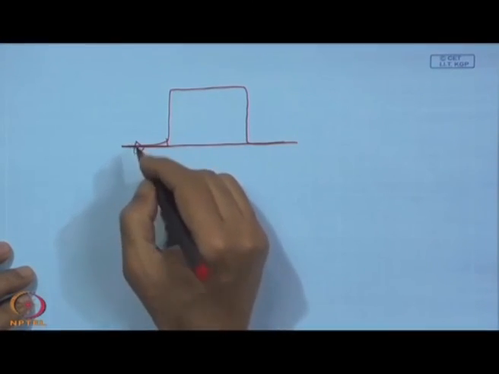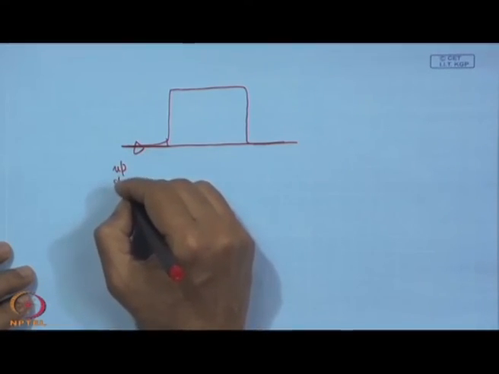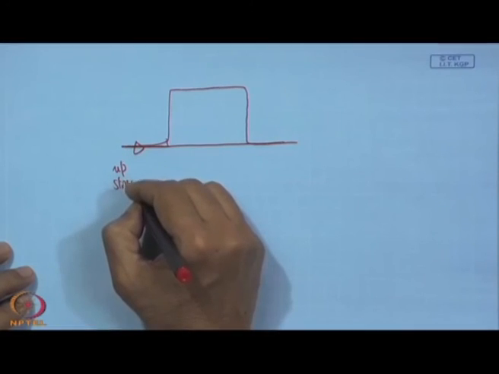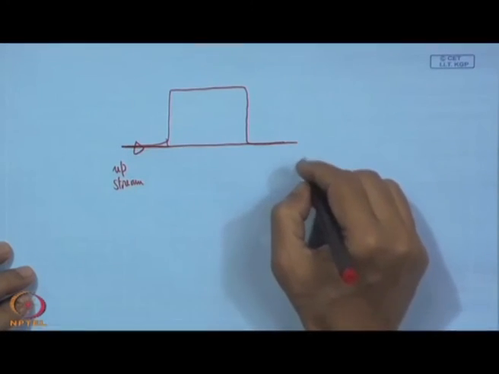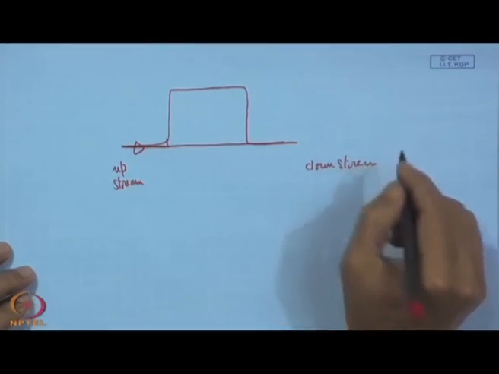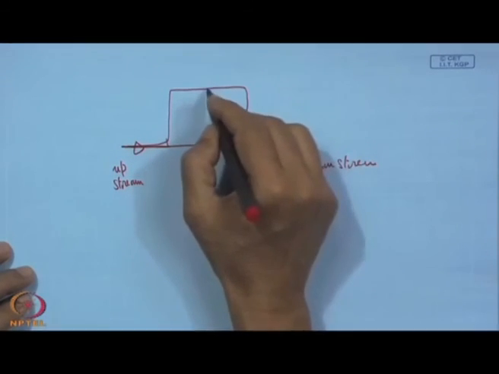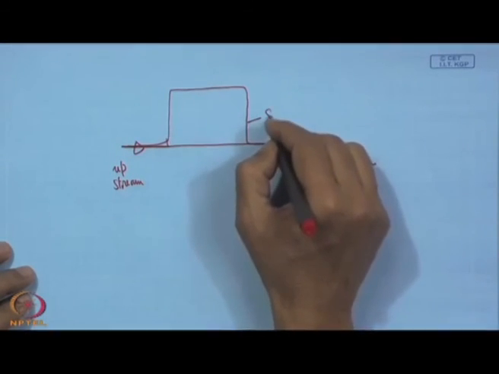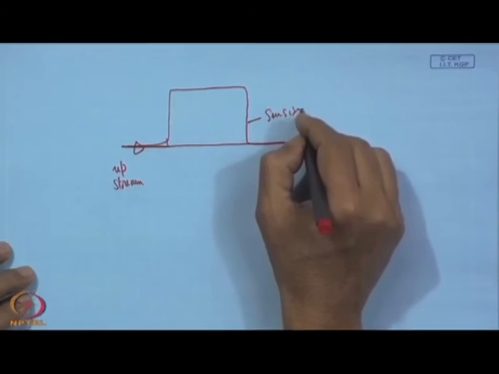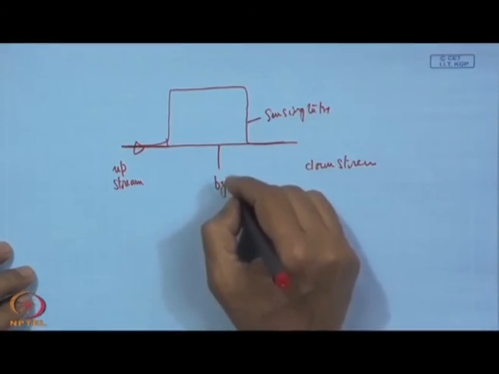This is a tube, inlet down upstream, and this is downstream. So, this is actually called the sensing tube, and this is the bypass tube.